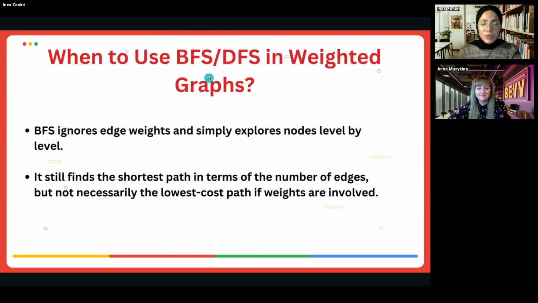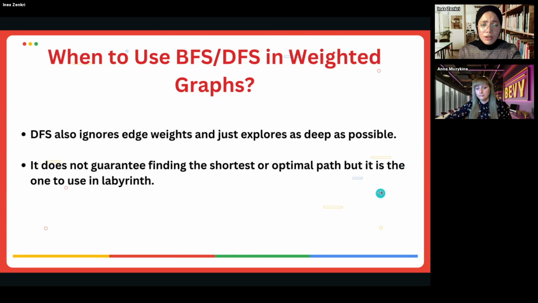So when to use BFS, DFS in weighted graphs? BFS ignores edge weights and simply explores nodes level by level. And it will find the shortest path in terms of number of edges, but not necessarily the lowest cost path if weights are involved. And similar to that, the DFS also ignores the edge weights and just explores as deep as possible.